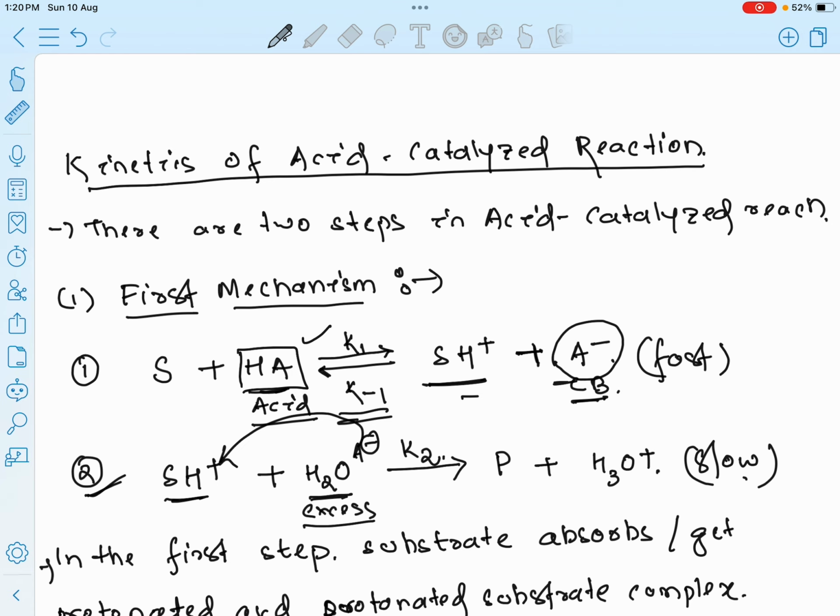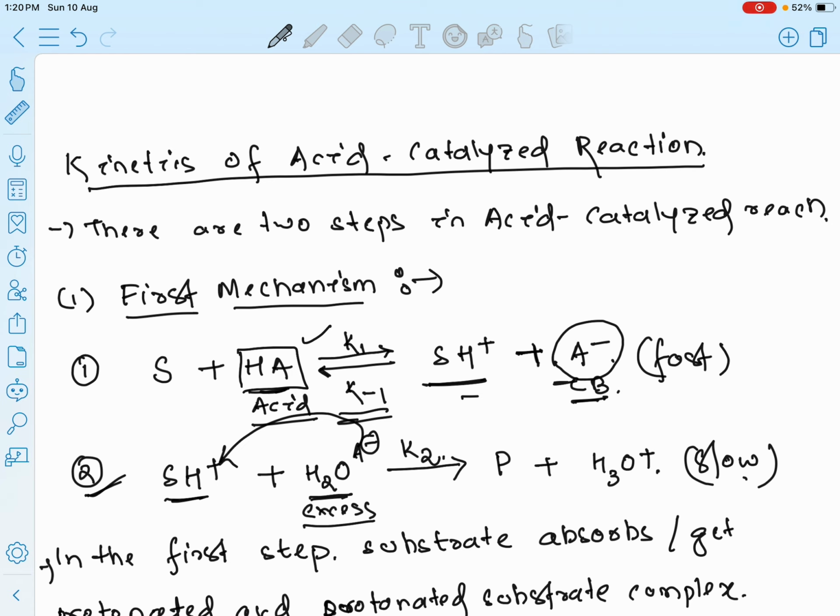If we take a base, then obviously a substrate OH minus ion complex will be forming, and in the second step there will be removal of the OH minus ion. There will be some OH minus receiver. That means one will be acting as a base, another as a conjugate acid pair.